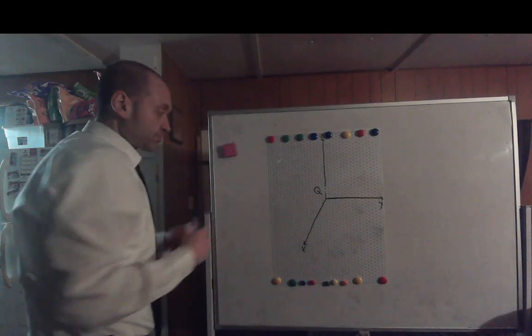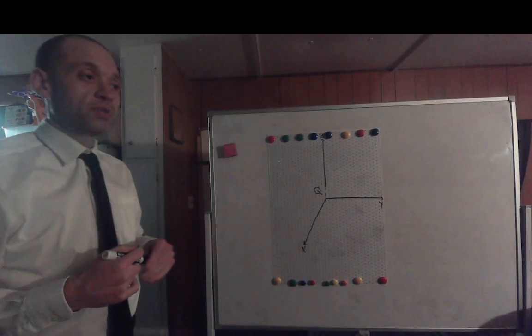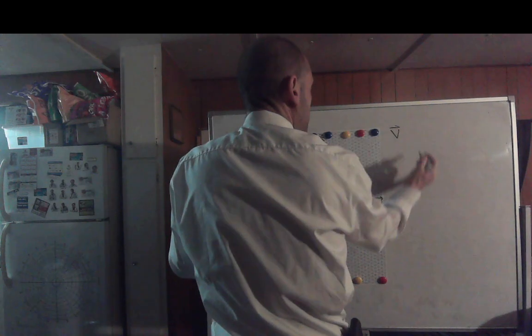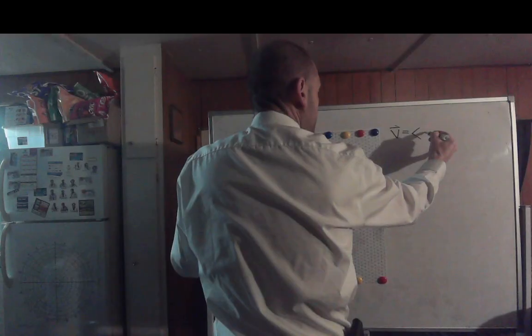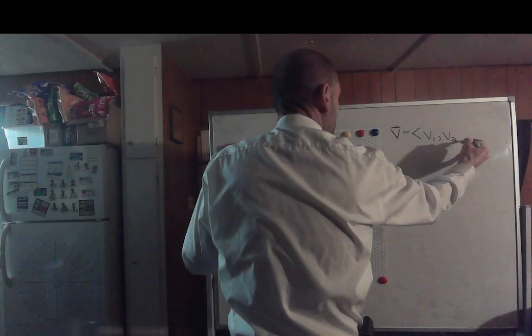Now, if we recall, let's talk about scalar multiplication. So let's say I have some vector v in component form. I have components v sub 1, v sub 2, v sub 3.